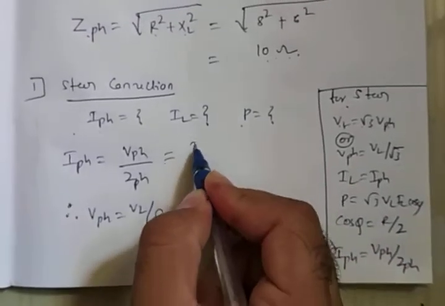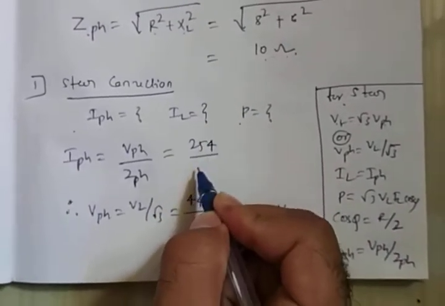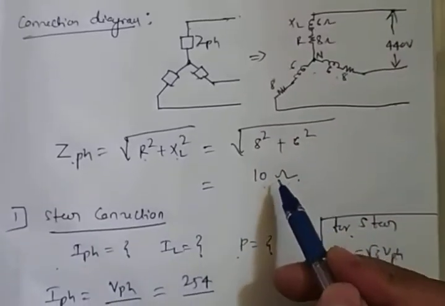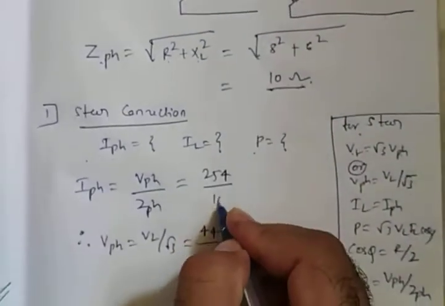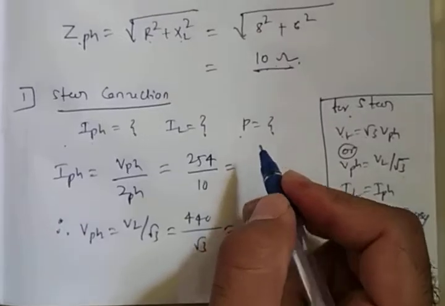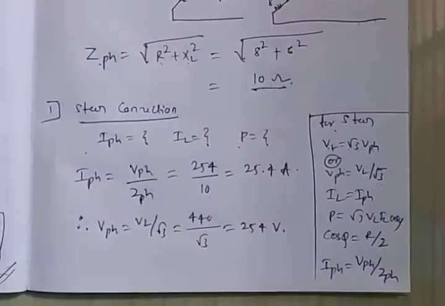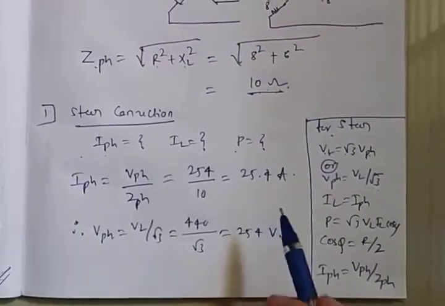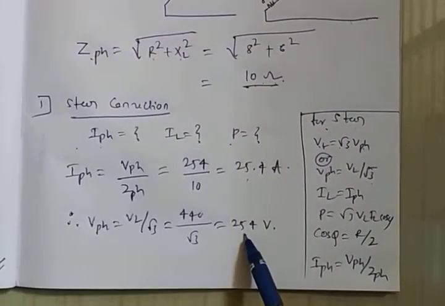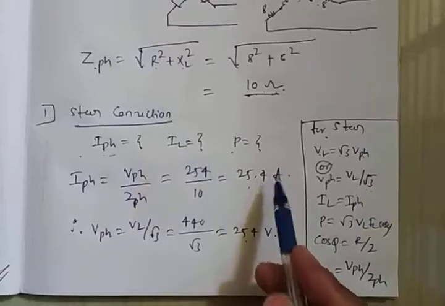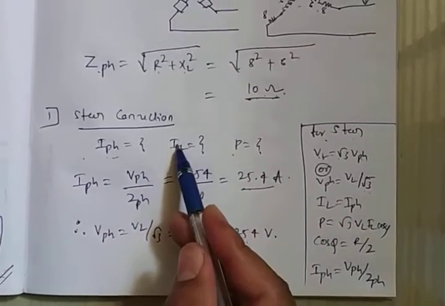Therefore substitute here 254 divided by ZPH, which we already calculated as 10 ohm. Divided by 10, you will get 25.4 ampere, that is IPH. Once you calculate the IPH value, the second is IL.